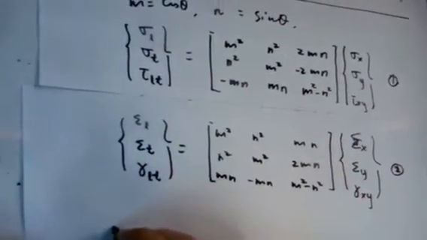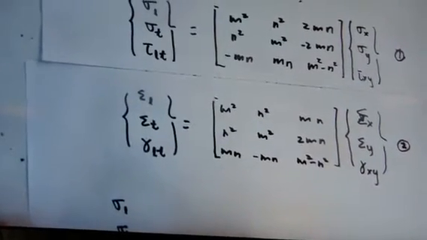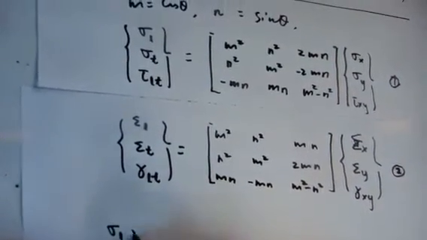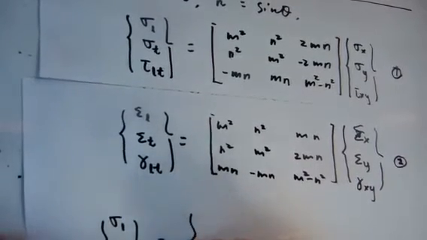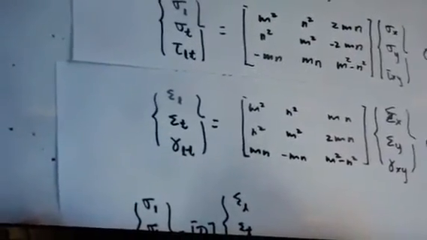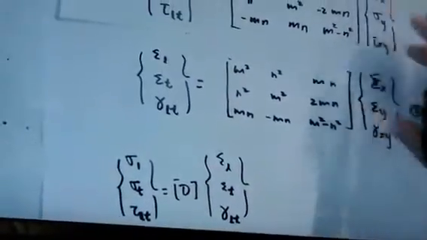The relation is sigma L, sigma T, tau LT equals D times epsilon L, epsilon T, gamma LT. We already defined D in the previous derivation. So this is a relation between the stress and strain in local coordinate.